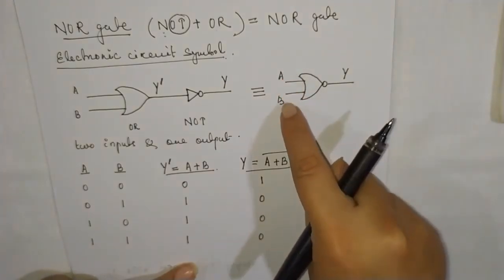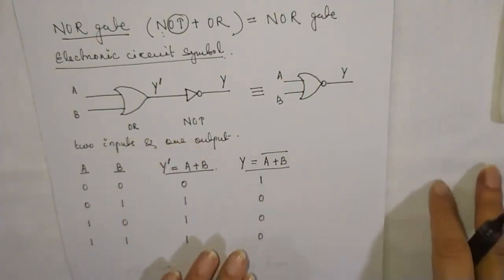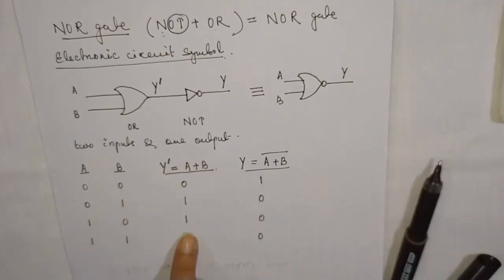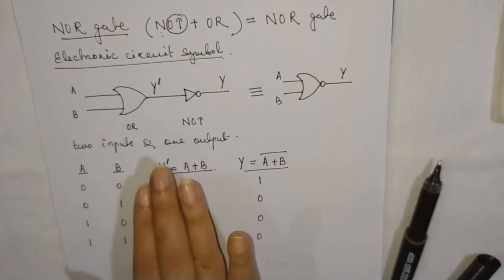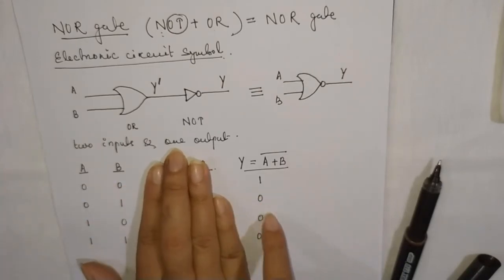These A, B are the inputs. That means this position is the intermediate one. You do not need to worry about this intermediate one. We have taken it only so that we can easily get this output. So you just don't think about this one. These two are my inputs and this is my output.